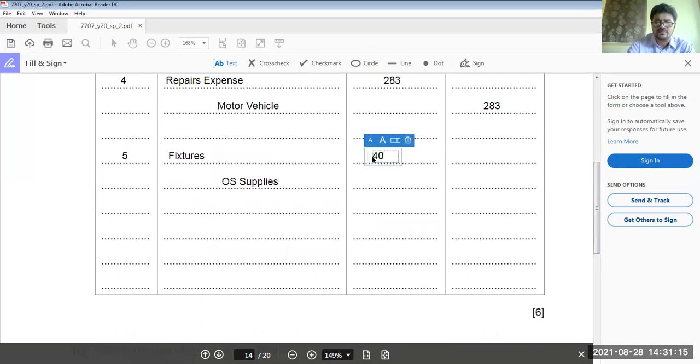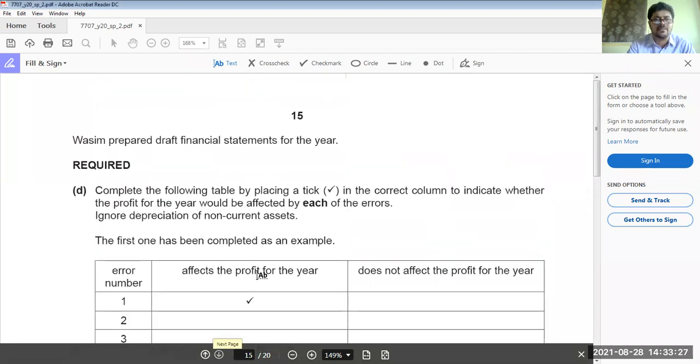That is 4,000. Error of complete reversal will always be rectified by double amount. Always. Okay, class. So I've rectified all 3 errors. You have to do 2 only in the paper as given.